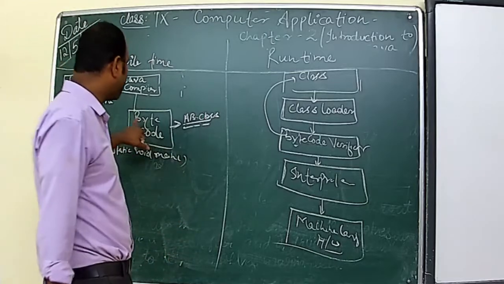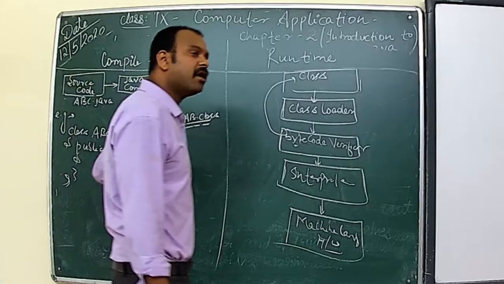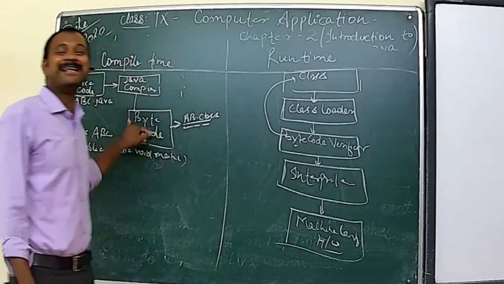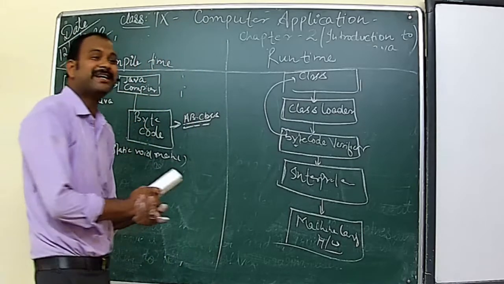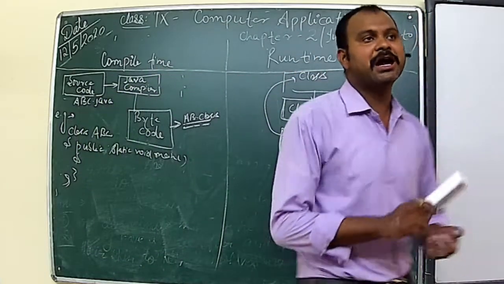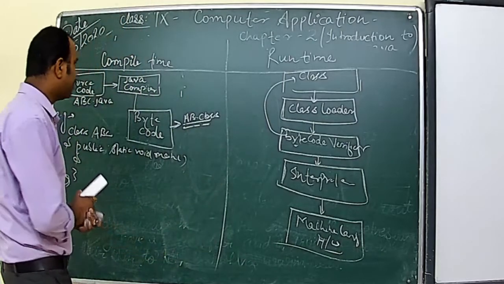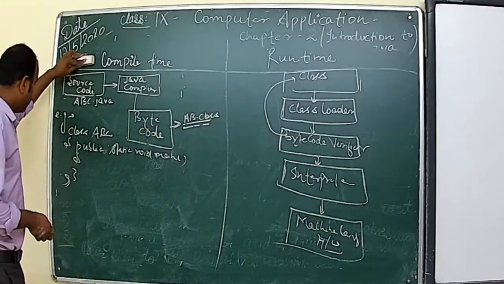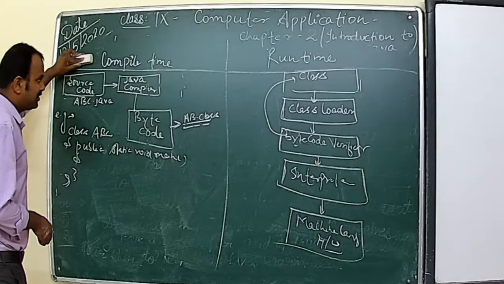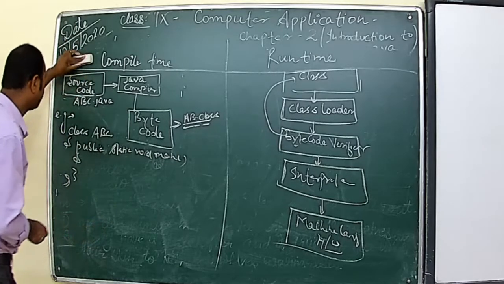This bytecode can be used on any other platform without changing the source code or any kind of implementation. Clear? So this was your Java compilation process. Hope you understood this topic. Clear?